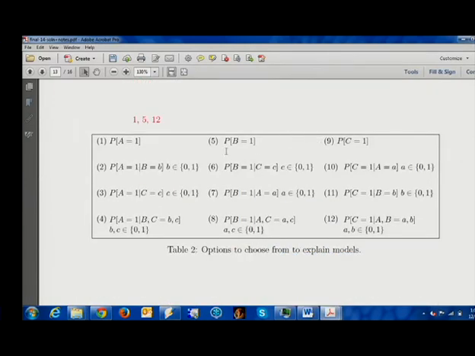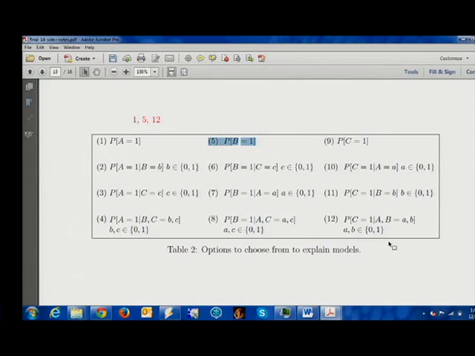So let's see. P of A, P of B, and P of C given A and B. So if it's Boolean, this conditional probability table is going to have 4 values.